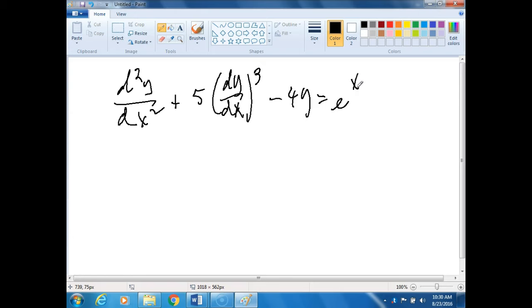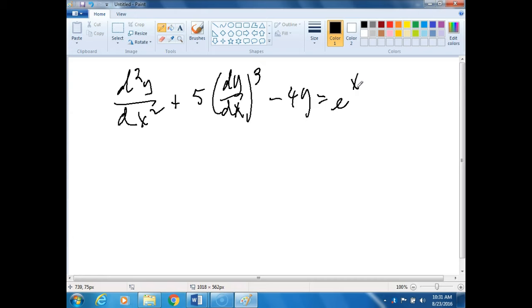It's a differential equation. These are derivatives. There's an equal sign. It's not a linear equation. You're right, non-linear. As far as the order goes, it's second order, because the highest derivative is second order. And it's ordinary, not partial.